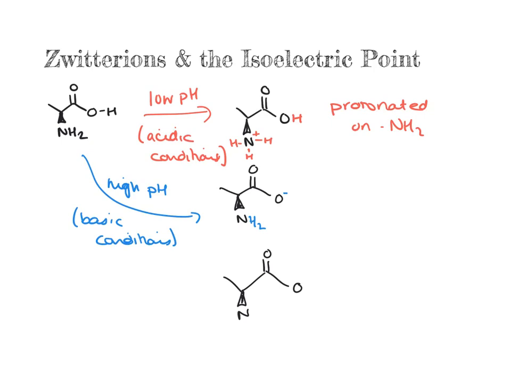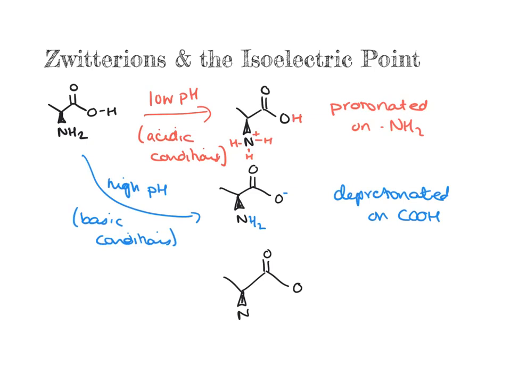So the H plus comes off, this amino acid is deprotonated, and we lose that hydrogen. So in acidic conditions, your amino acid will have a positive charge because the amine group is protonated. In basic conditions, your amino acid will have a negative charge because it has been deprotonated at the carboxylic acid end.